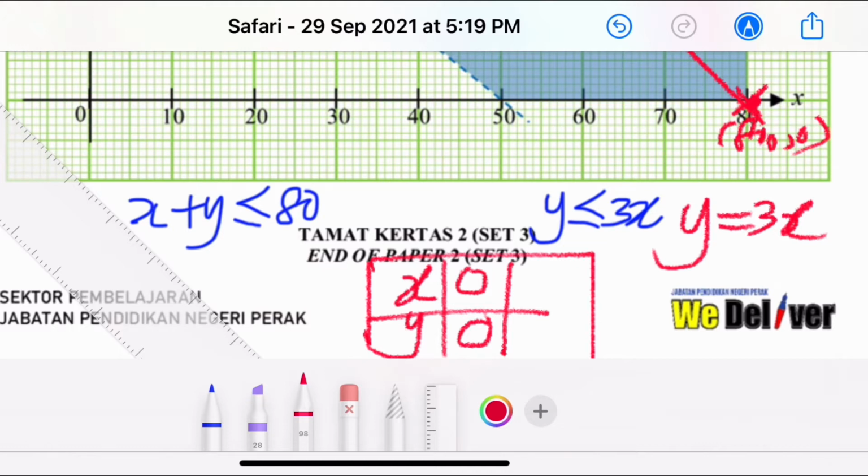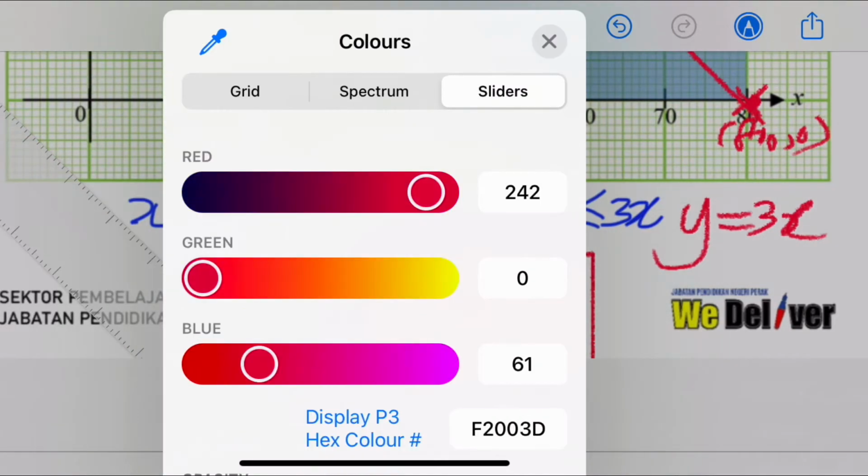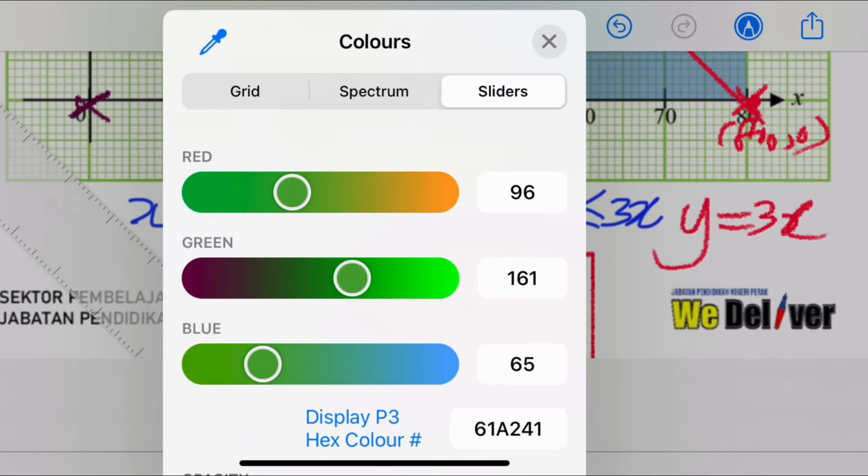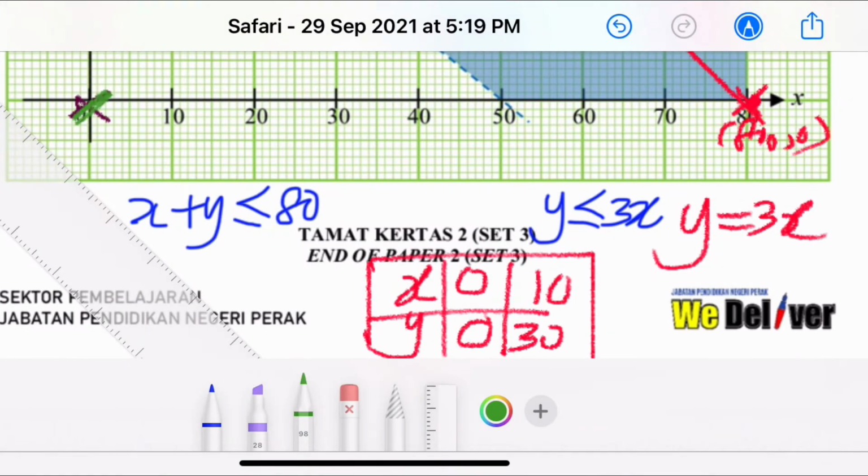Let's say x is 10, then y will be 30. So we can draw the point here. I'm going to use a purple color pen. This is 0, 0. I'm going to sketch the point in green color. Draw the point 0, 0.